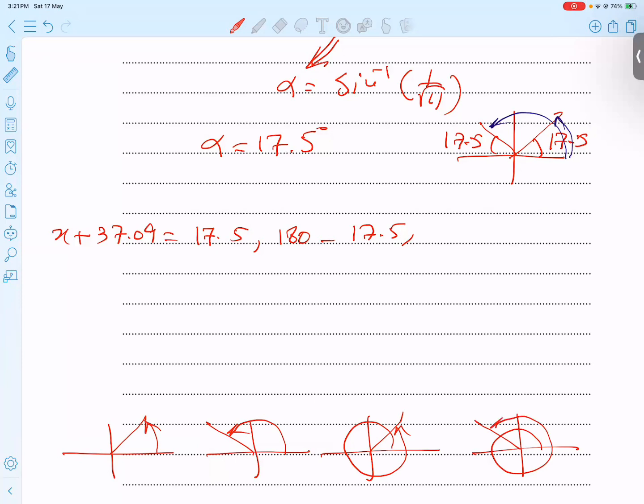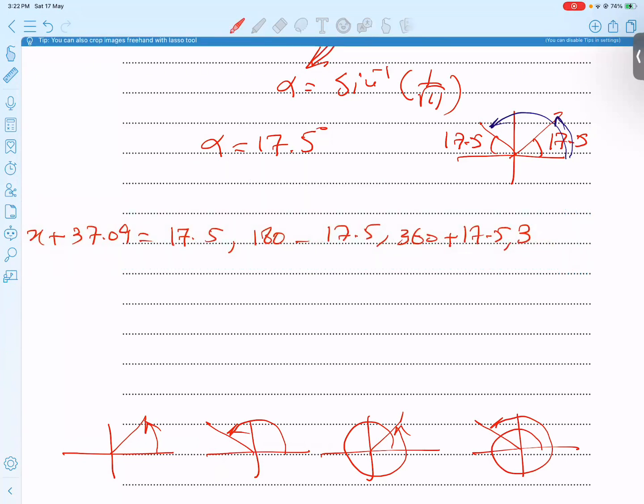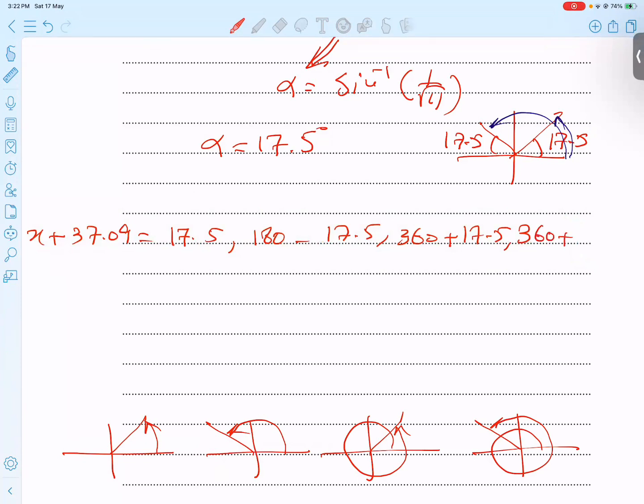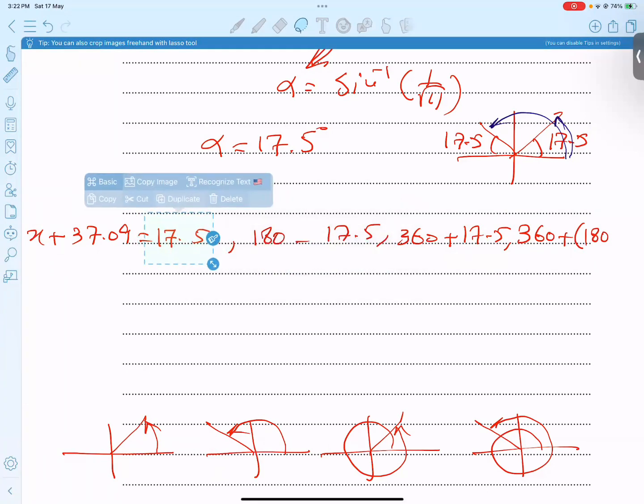So that is why I'm adding, students, 360 plus 17.5 and 360 plus, in the bracket, 180 minus 17.5. I needed some space.